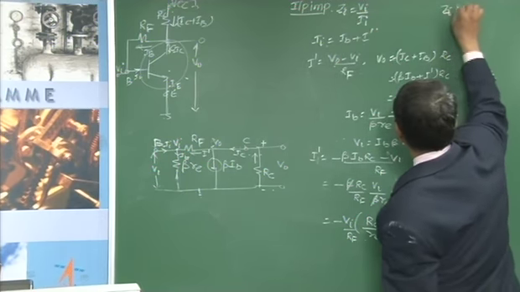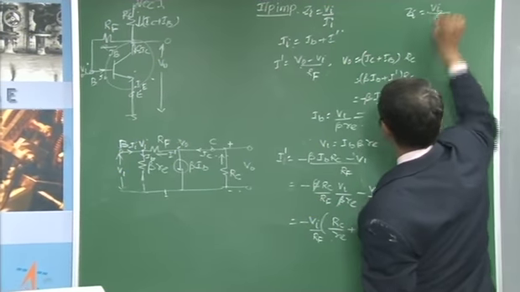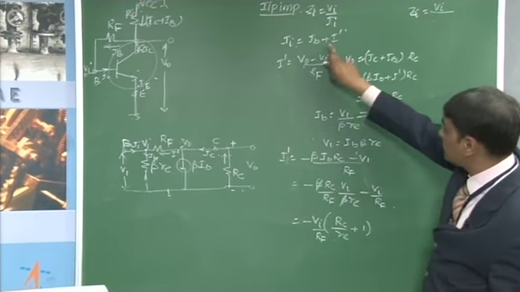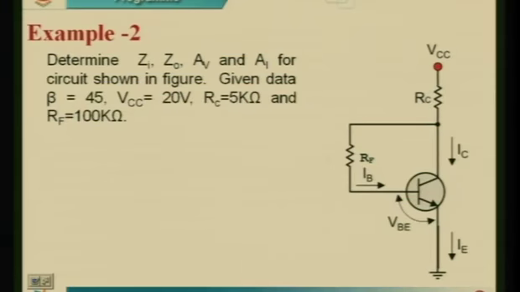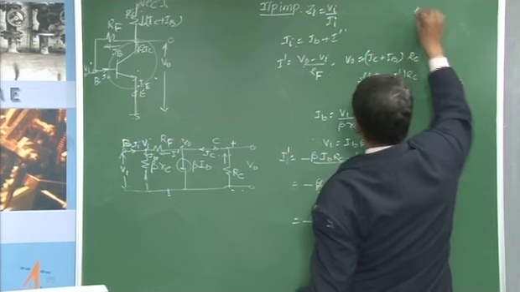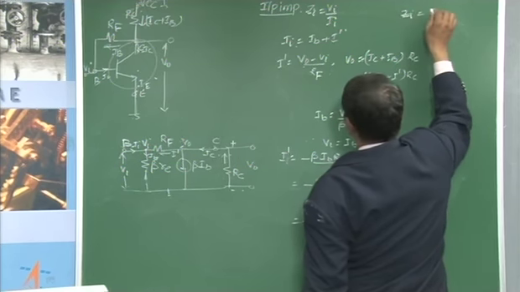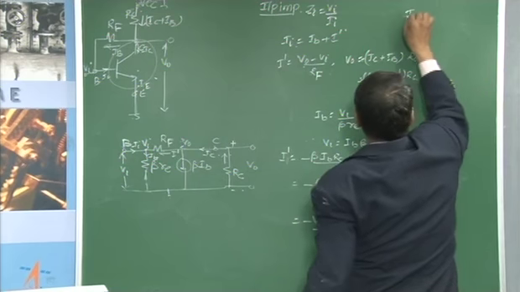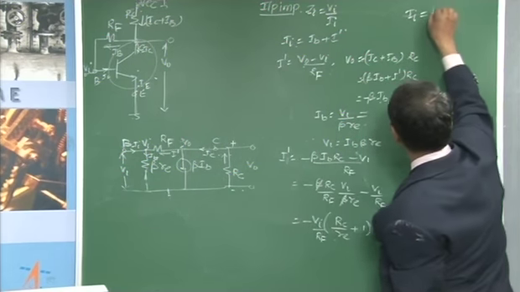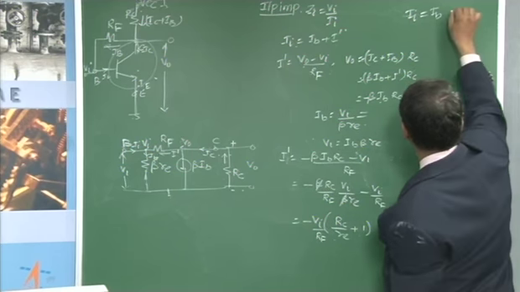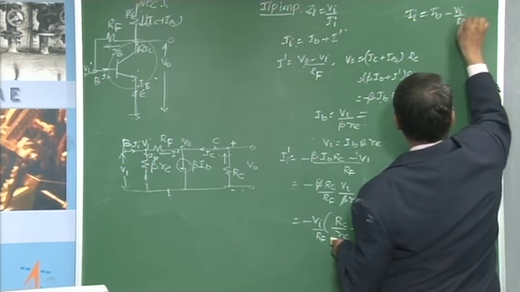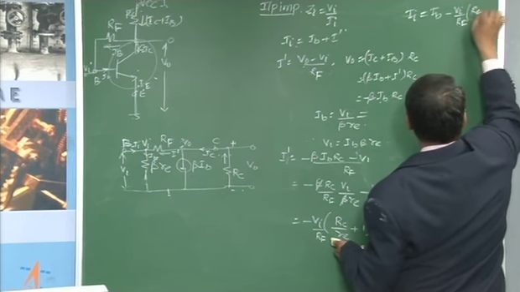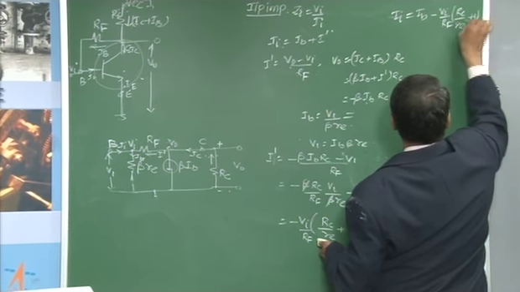Therefore, Zi is equal to Vi divided by Ii, where Ii is equal to Ib plus I dash. Here I dash is nothing but minus Vi by Rf into Rc by Re plus 1.